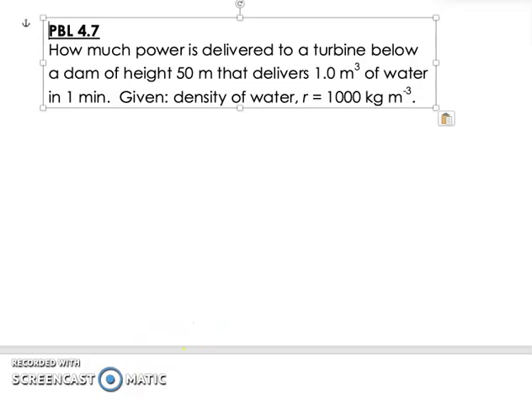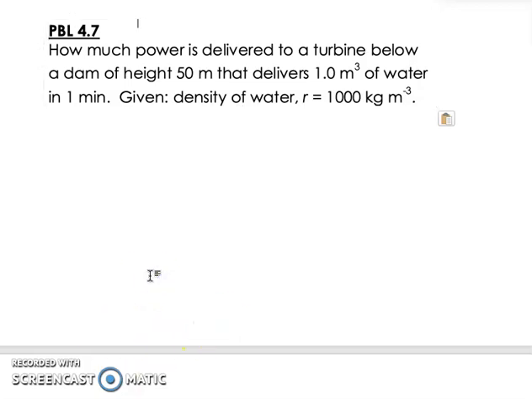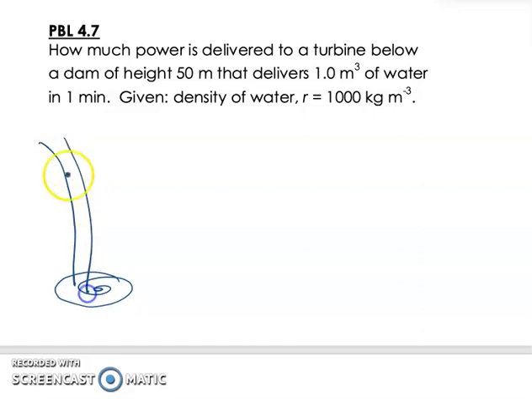How much power is delivered to a turbine below a dam of height 50 meters? So the turbine is the rotating thing, right? It's below a dam, so water falls on the turbine. It's water of a height 50 meters.